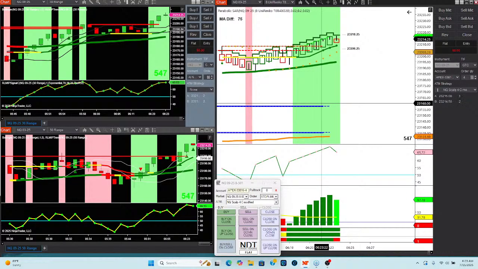Then I'll buy or sell on up close, and then I use my scalper to do the rest. Order filled.